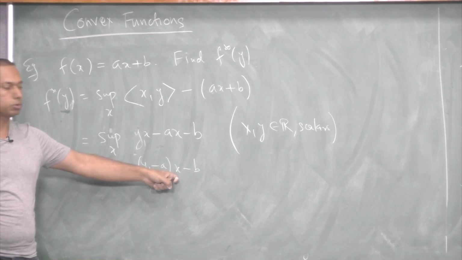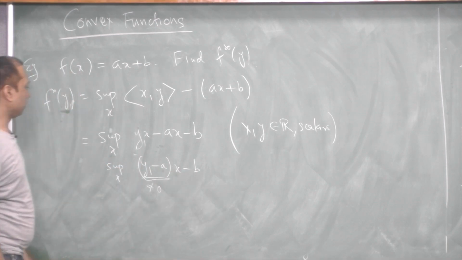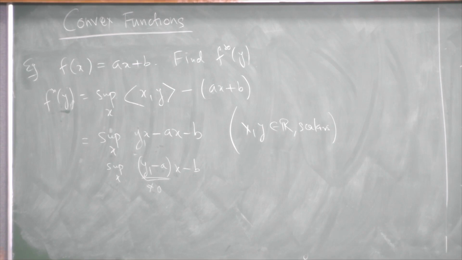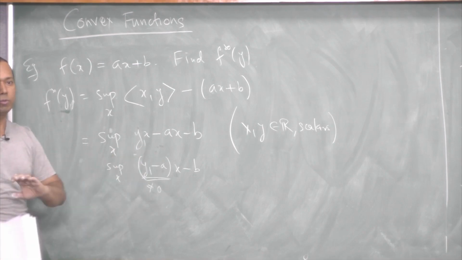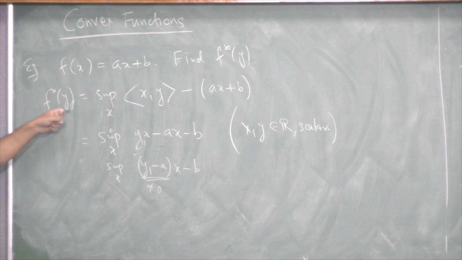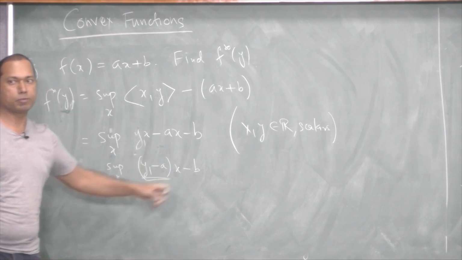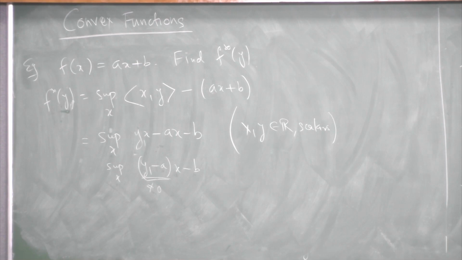So in this case our only possibility is when y happens to be a. I'm fixing y, but from my analysis I find that the only possible good value for y is a, for which I get a finite value which is minus b, and anything else is not going to work.